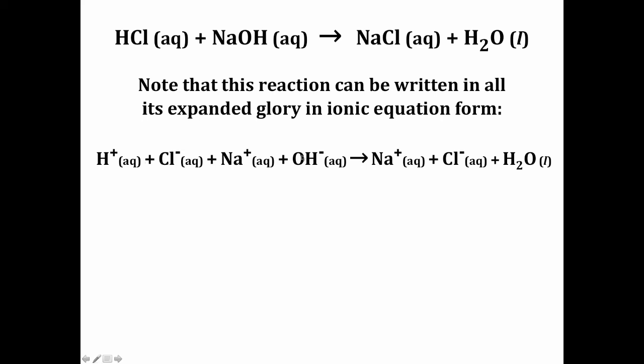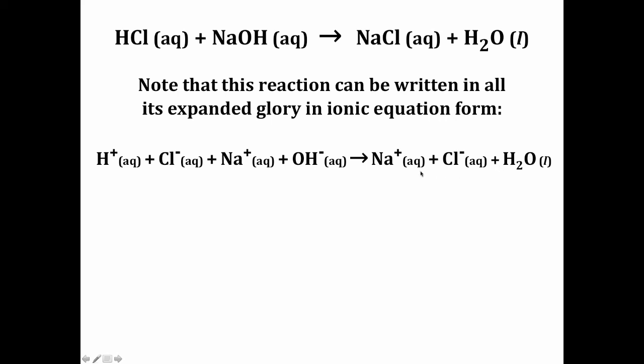So I'm writing them as separate rather than combined. And then when they potentially swap partners, NaCl is actually in aqueous solution. The Na plus and the Cl minus dissolved in water don't stick together, so I write them separately. But the H plus and the OH minus do stick together to make H2O.